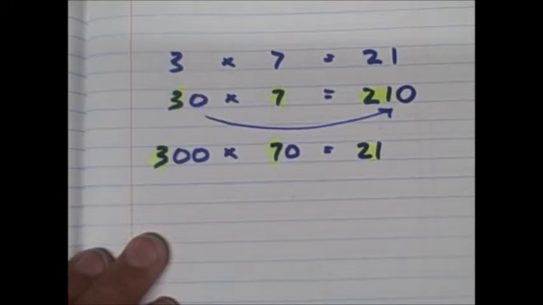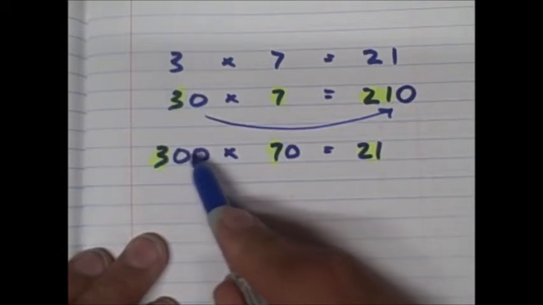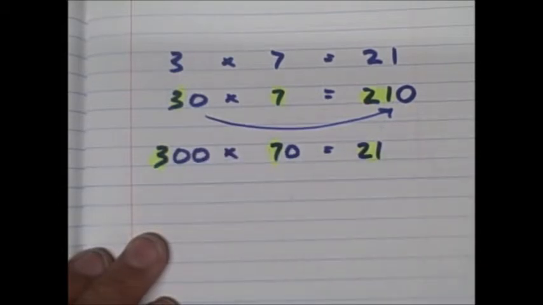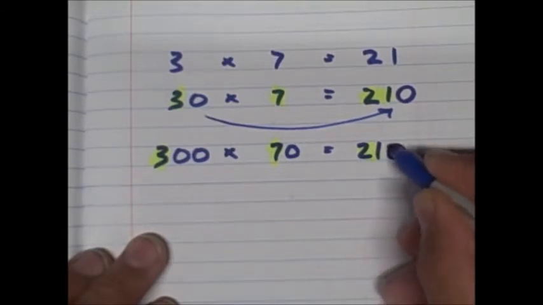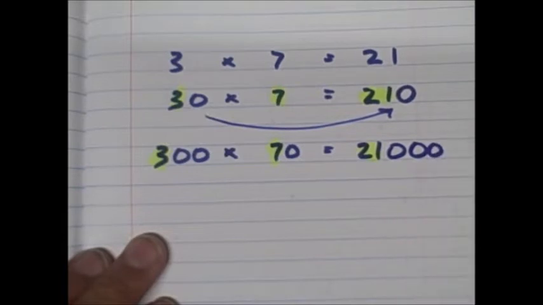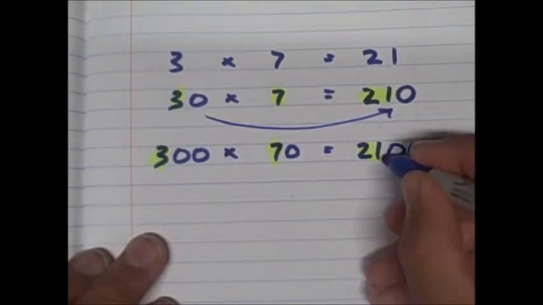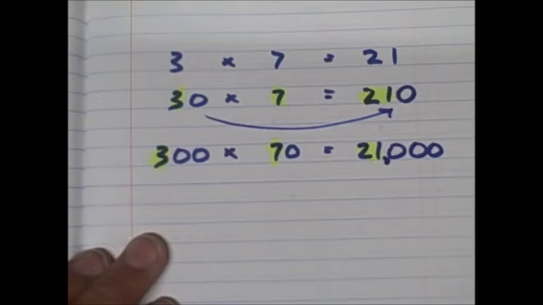Now what we do is we count up the zeros on the left side of the equal sign. 1, 2, 3. And that's how many zeros we'll need in our answer. And of course they come after the 21. 1, 2, 3. And in this case we have 21,000.